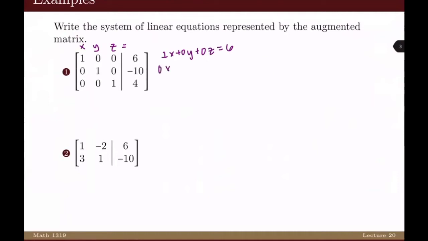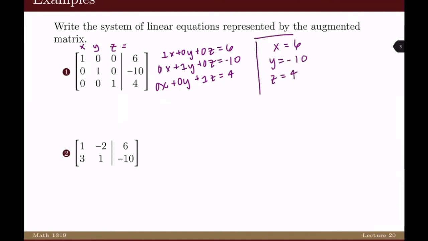Then I have 0x plus 1y plus 0z equals -10. And then 0x plus 0y plus 1z equals 4, which just means I have x equals 6, y equals -10, and z equals 4 as my equations.